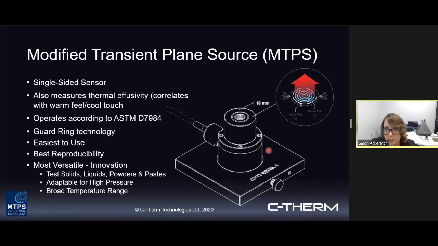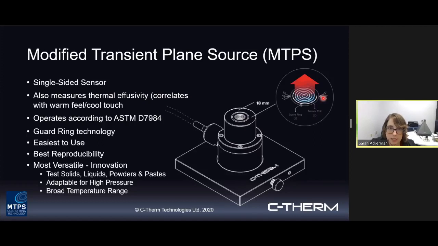The MTPS sensor you can see on the right-hand side of the screen here. It's a single-sided sensor where the sample is set on top of the sensor probe in over this area here where you see my pointer. And the sensor has basically a 2-part construction in terms of how the measurement is taking place. We have the sensor coil trace, which is basically a spiral of material with a high temperature coefficient of resistance. And then we have the guard heater, which is designed of a material with a very low temperature coefficient of resistance.